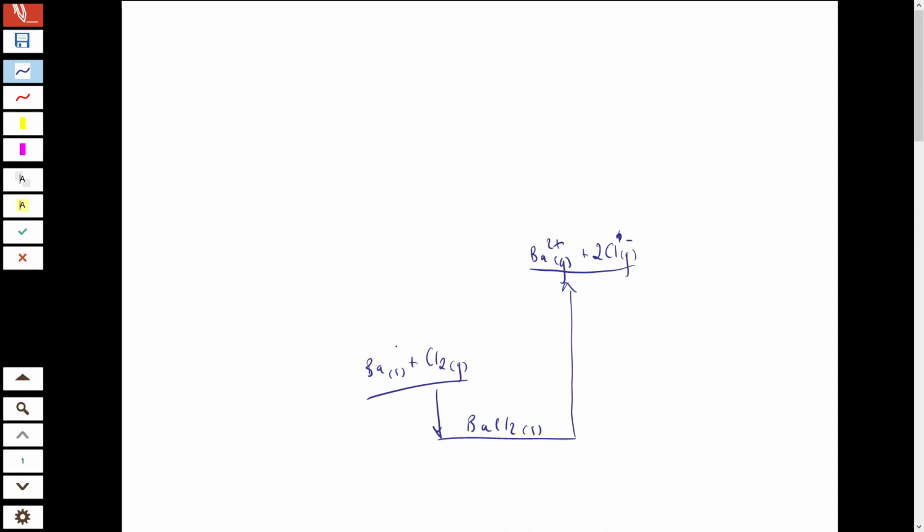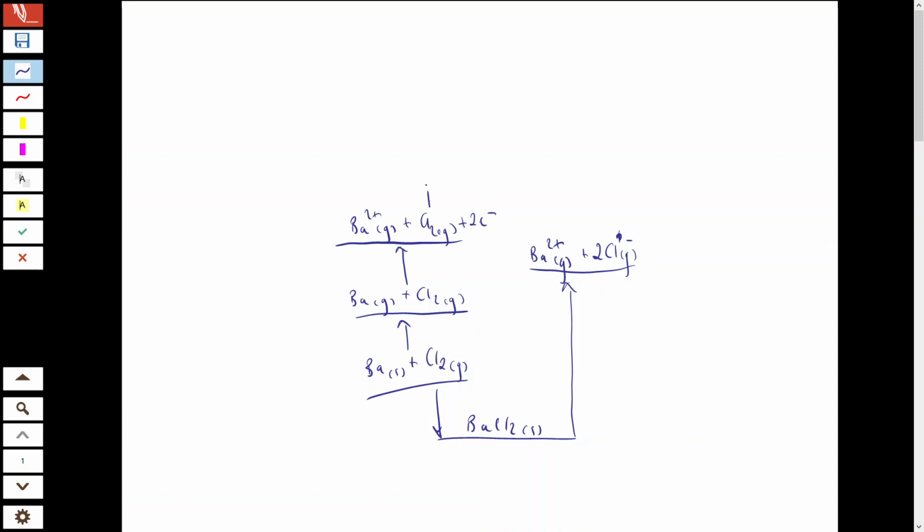We'll go through our steps here. The first thing we have to do is atomization of the barium. We need to turn it into a gas first. So Ba as a gas plus Cl2, keep it the same. Now I'm going to follow what they did in the question. They actually combined the first and second ionization energies of barium. So if they've given us one value, I might as well put it as one value on my cycle. So going all the way to barium 2 plus, keeping chlorine the same, but we've got 2 electrons here.